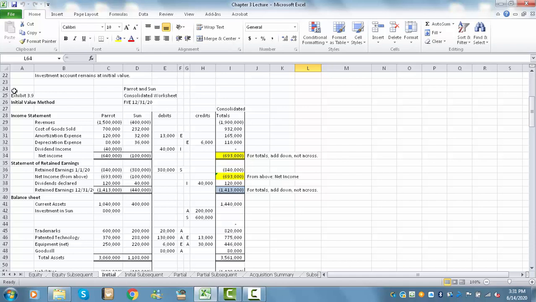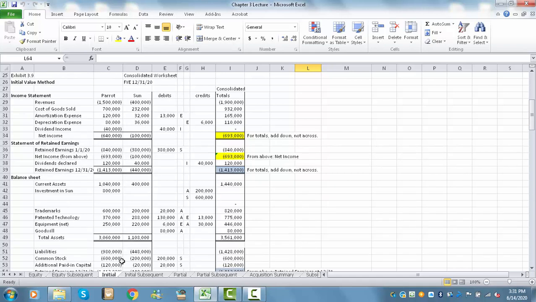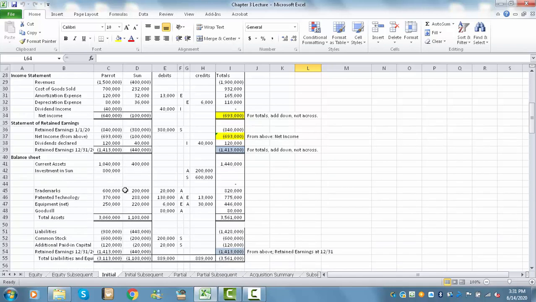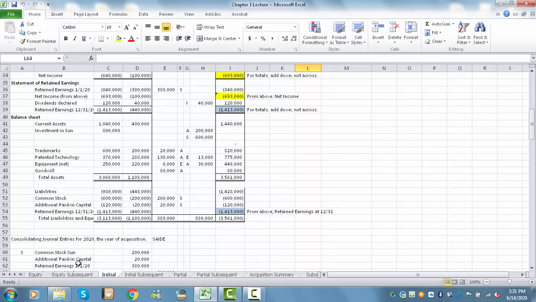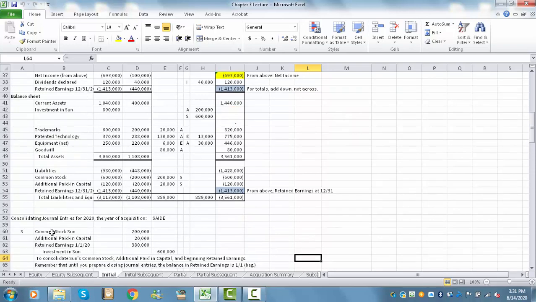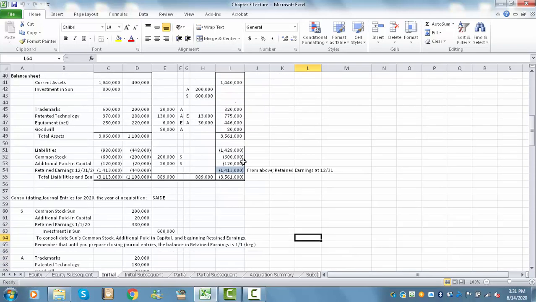This is Exhibit 9 in the book. The initial value method, we're given, of course, the two companies' financial statements. We put them in worksheet format. These are consolidating entries. They work the same as we've always worked them.